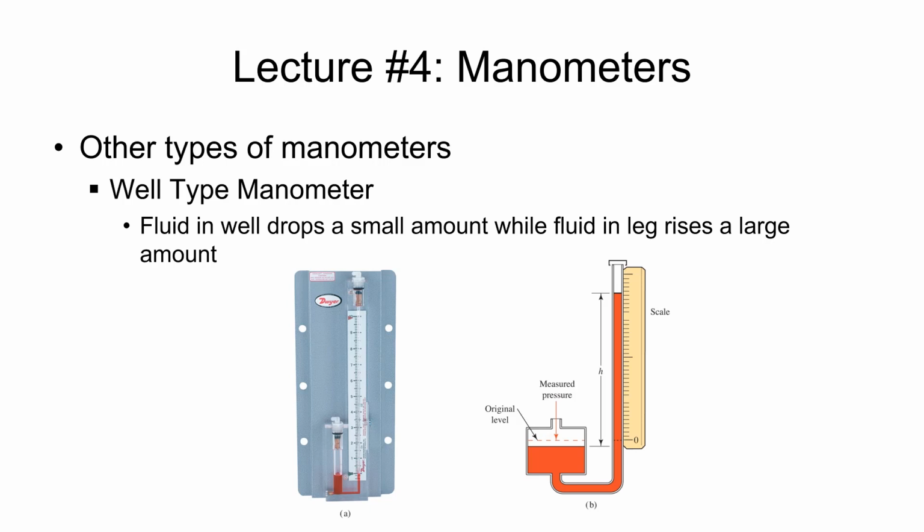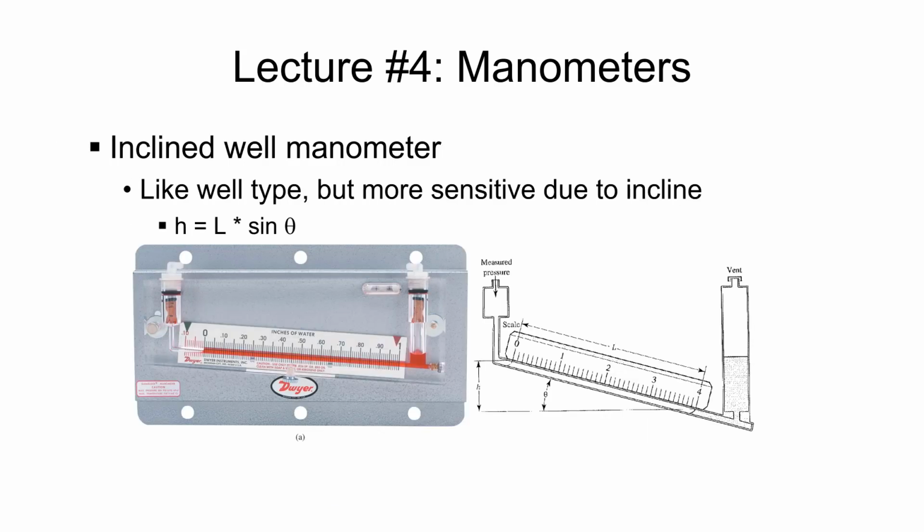By a small change inside the reservoir, we can produce a larger change on our scale and see the height. So this is another image of a well type manometer from Dwyer, and it's got a graduated scale on it that reads off the pressure.